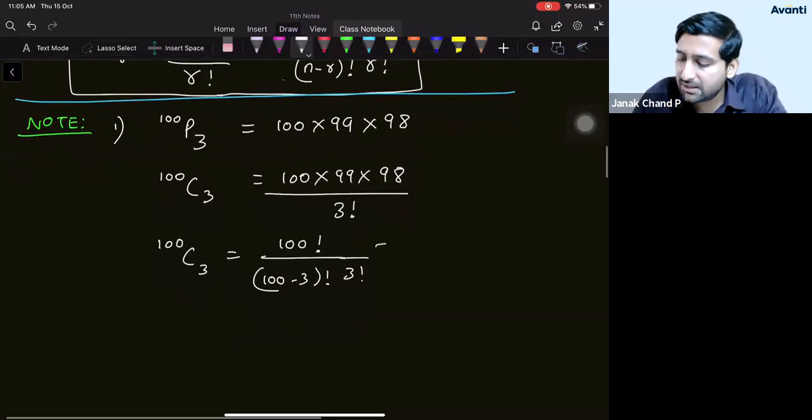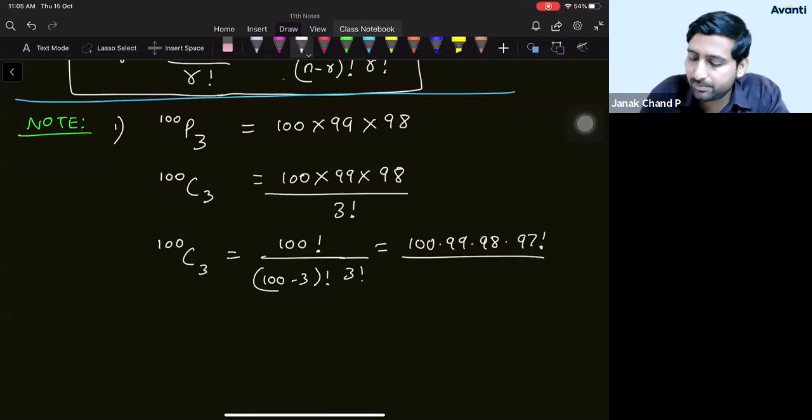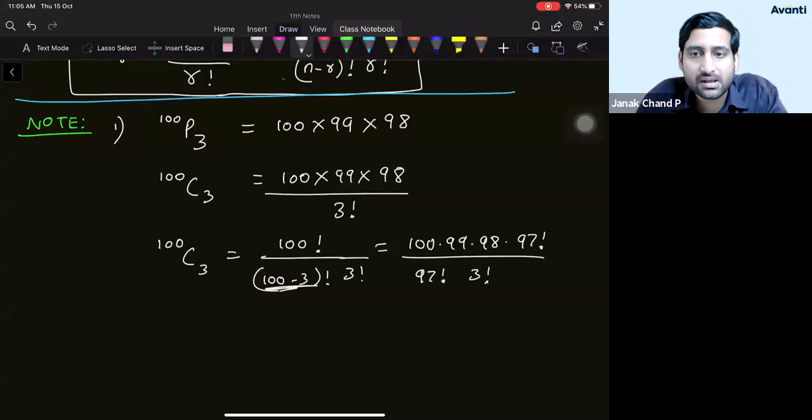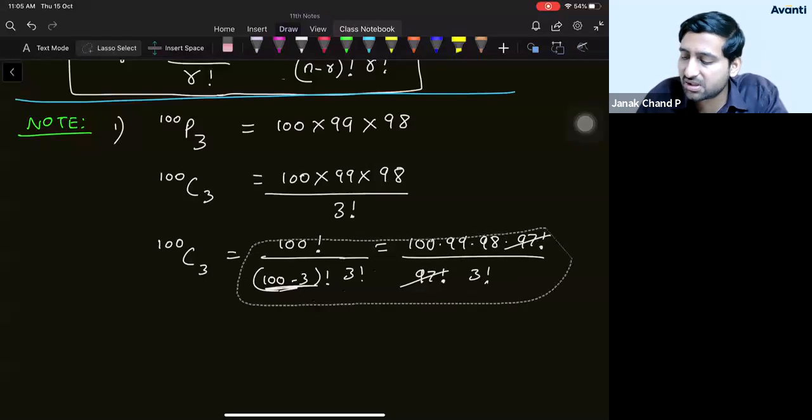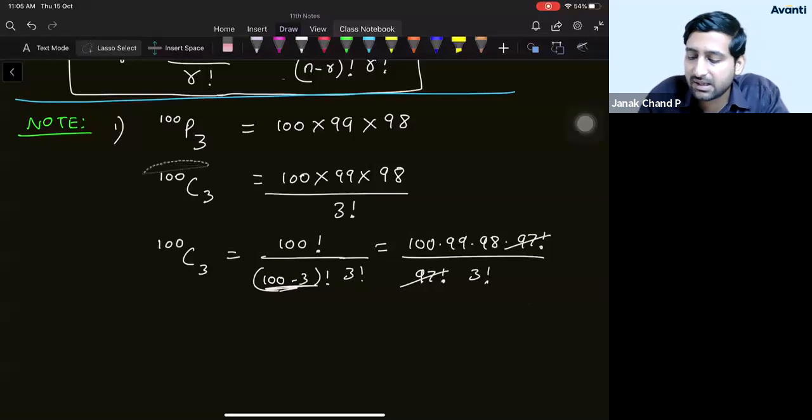Now we can write this 100 factorial, the numerator, as 100 into 99 into 98 into 97 factorial. And obviously this quantity is 97 factorial into 3 factorial. As you can see, this 97 factorial cancels. You'll be only left with this. So instead of doing this extra step every time, you can directly say 100 C3 is, starting from 100, multiplication of three numbers and divide by this 3. Whatever value is there, you just divide by that factorial.